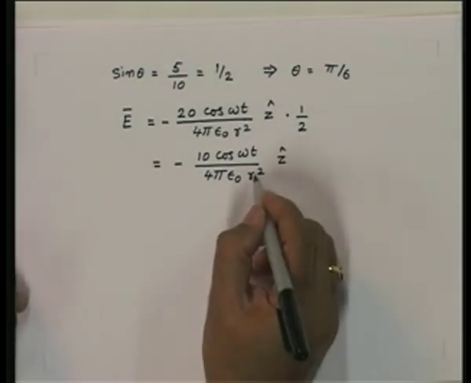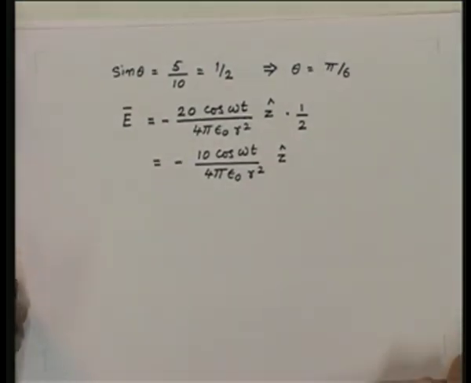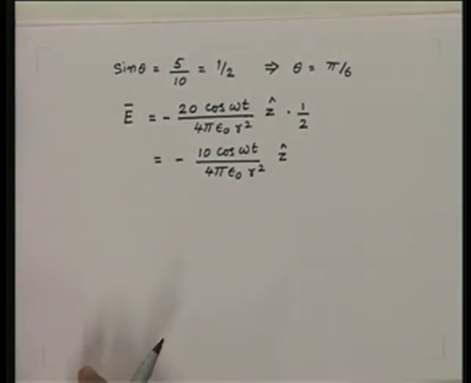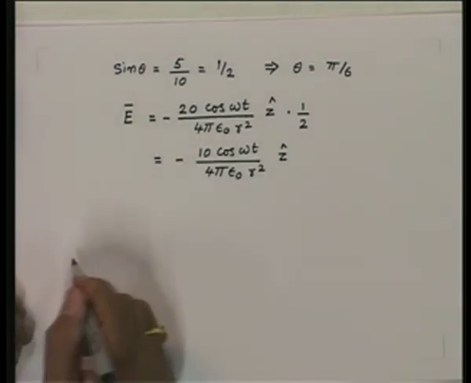Once I know the vectorial electric field, then I can apply Maxwell's curl equation and find the magnetic field due to the charges.